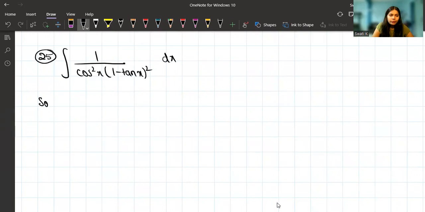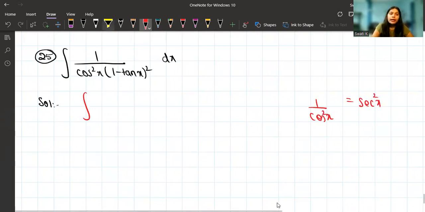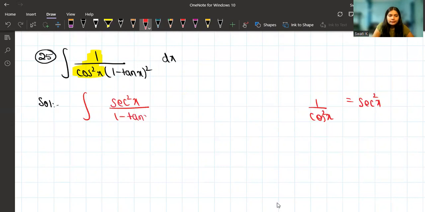I'm going to use a formula here, and that is, we know that 1 upon cos x is sec x. So if I have 1 upon cos square x, it will become sec square x. So using that formula, I can write down this 1 upon cos square x as sec square x, and then this is 1 minus tan x as it is, whole square dx.